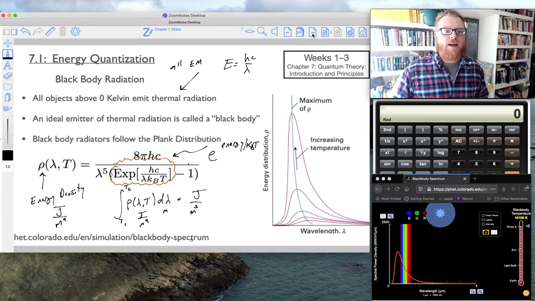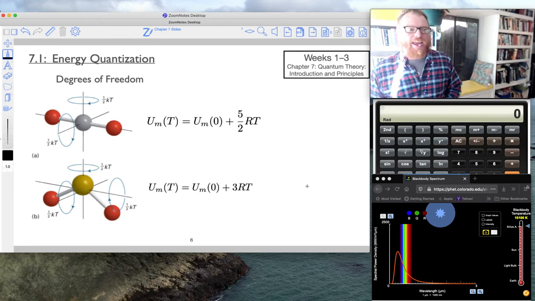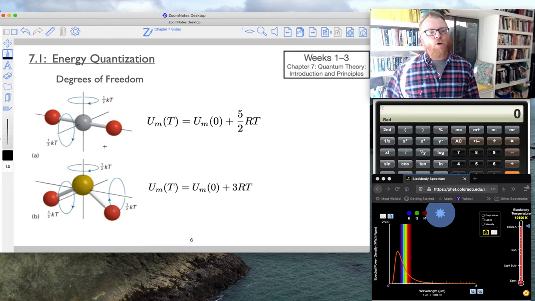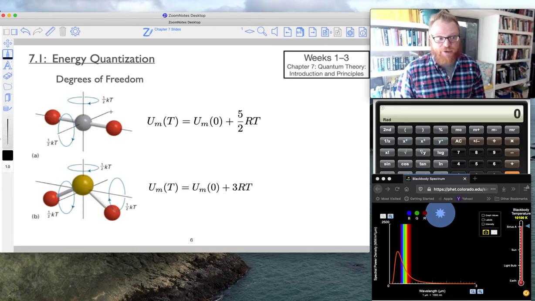So if I keep going on now, just to review, I'll remind you more of our statistical mechanics, degrees of freedom, right? Recall we get 1/2 k Boltzmann T per degree of freedom.